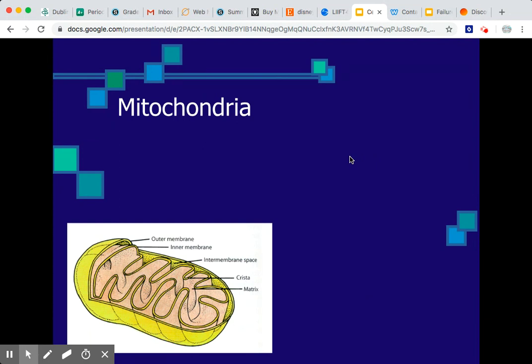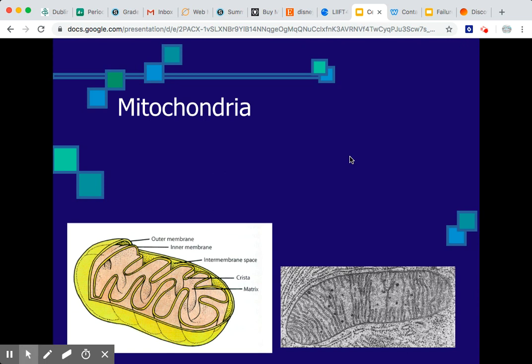Most of you mentioned mitochondria when we started the Who's Who activity as something that you remembered. This is an artist's image of a mitochondria, and then this is an actual electron microscope image. You can see all these little folds in it, these little finger-like projections.